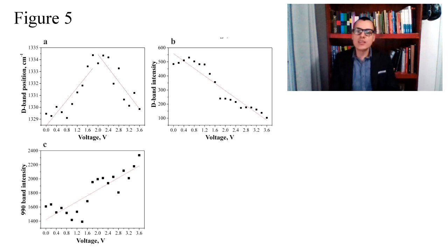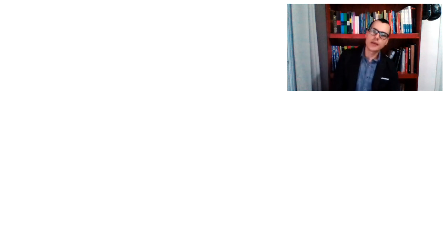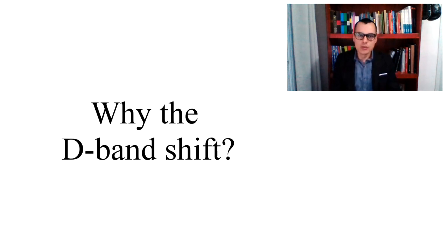Even so, the reasons for this increase and decrease in the intensities are not completely understood by us. Okay, up to now, we have a possible explanation for what happens with the D and 990 band intensities, but we do not have an explanation for the D band shift.